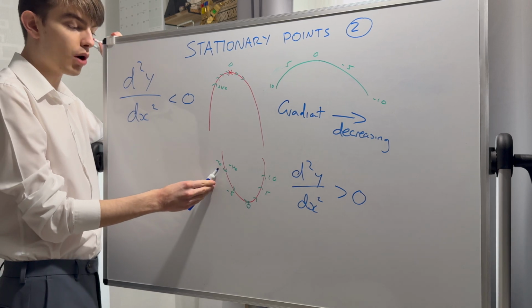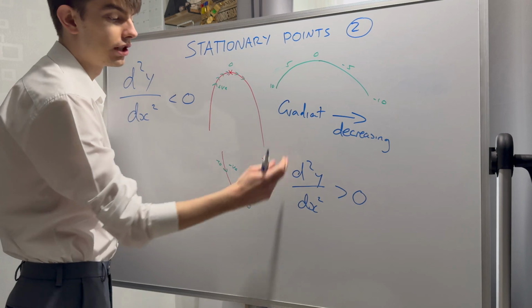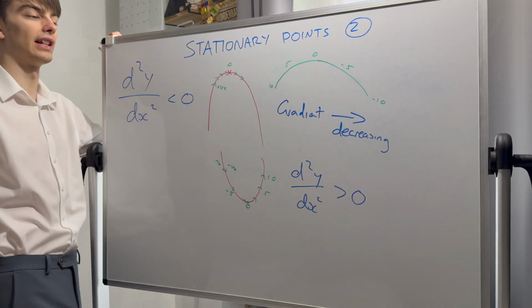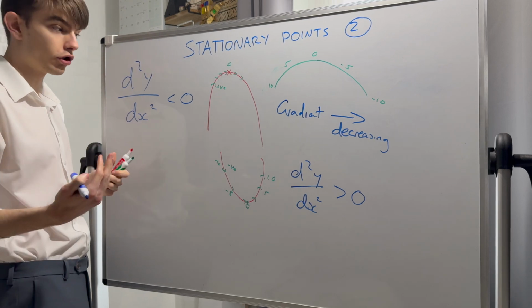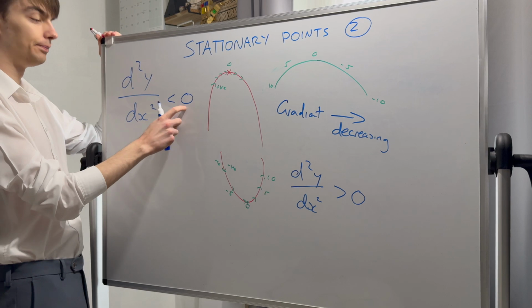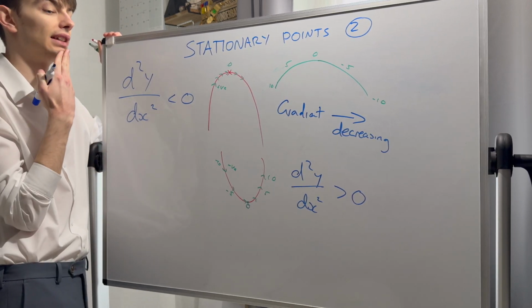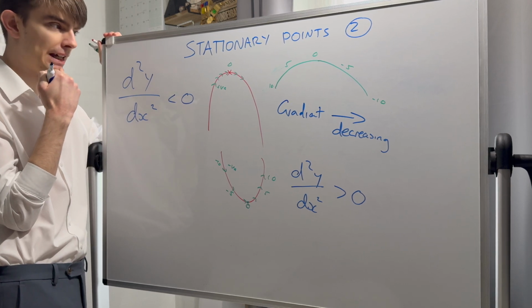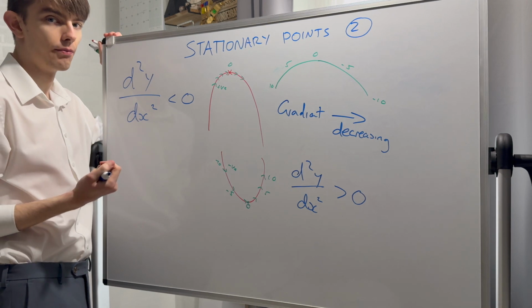It's going from a minus value to a positive value, which means the number is getting bigger. So d2y by dx squared is greater than 0. So if I just find my d2y by dx squared of a function, throw in the coordinate of the stationary point, I can check if it is less than 0 or greater than 0, and hence if it is a minimum or maximum point.